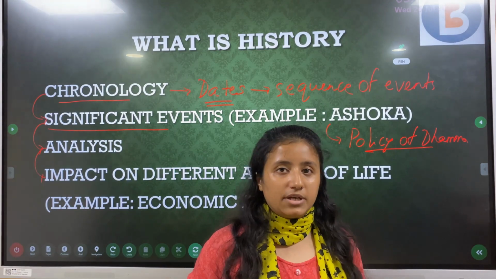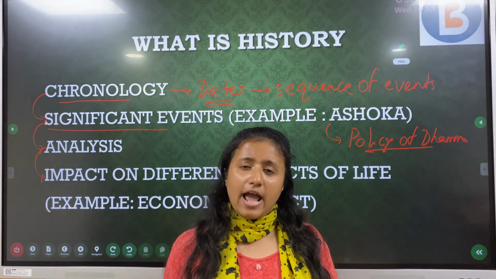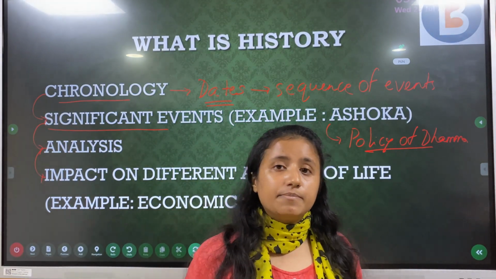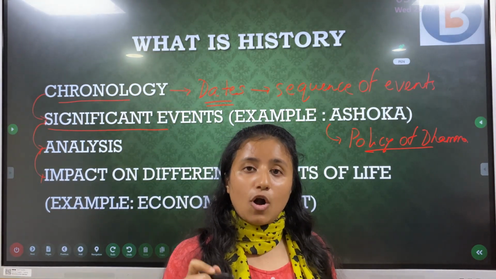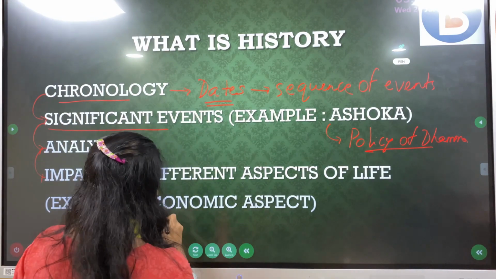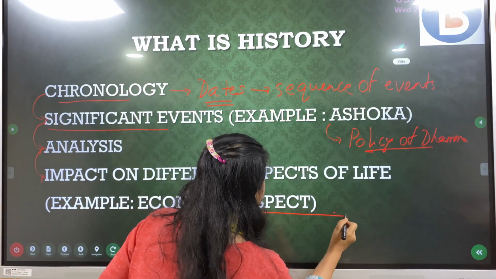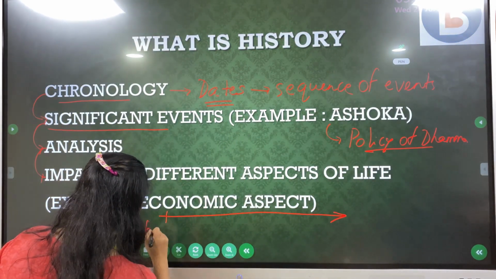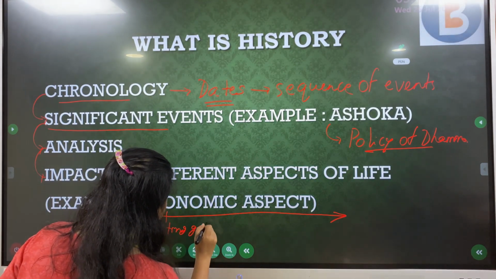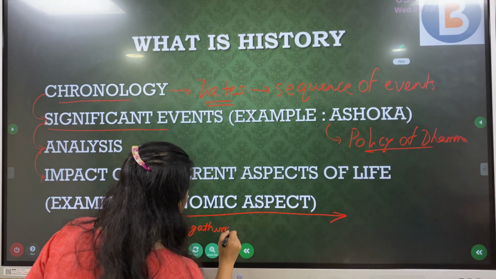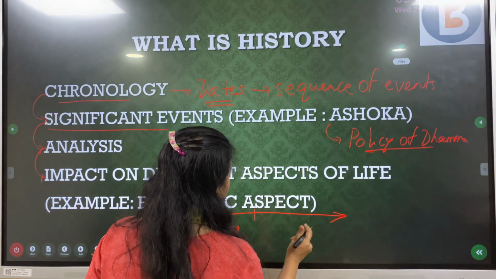For example, the economic aspect. Everyone will know that there were people who were going for hunting and gathering, right? So first it started with hunting and gathering. Then discovery of fire happened.